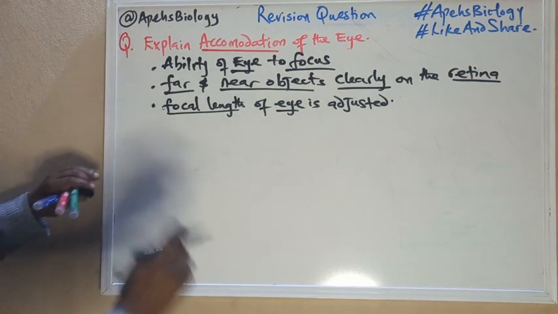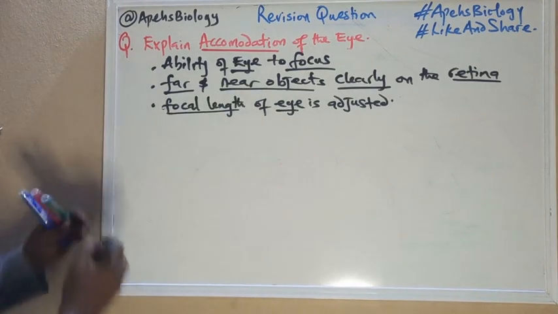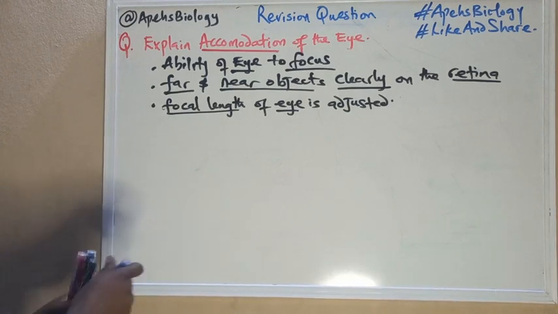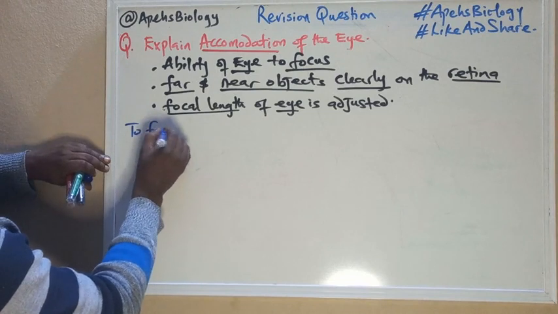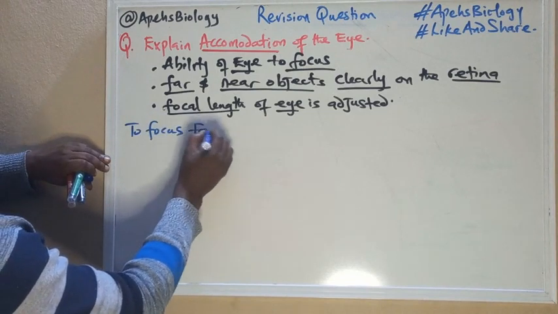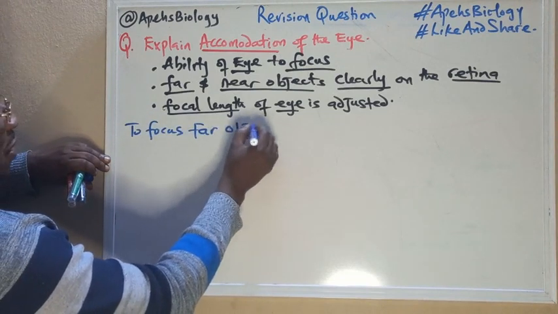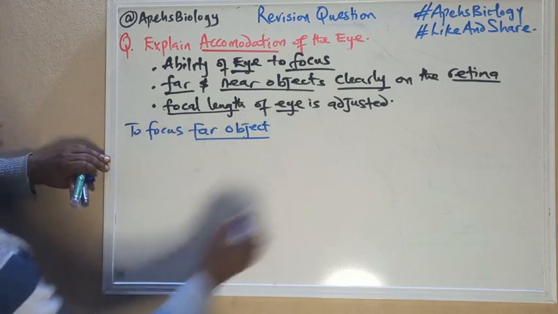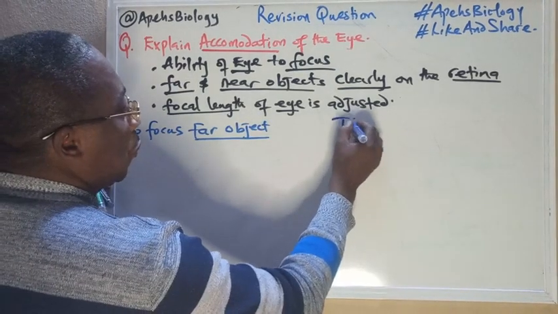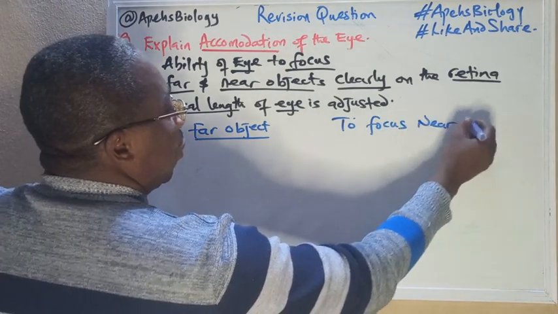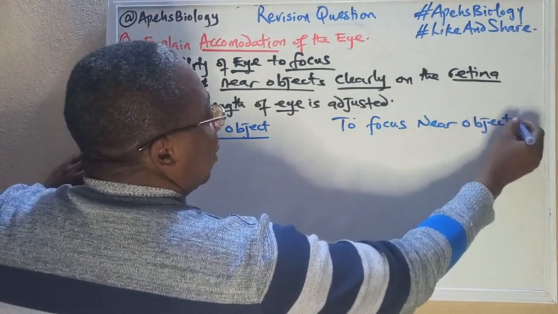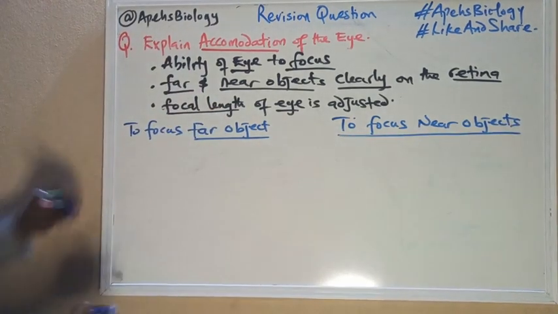Now, how do we focus far and near objects clearly? So let's explain the process. First, to focus far objects, we're going to explain it. Then we're going to look at how to focus near objects. We're going to explain it, right?